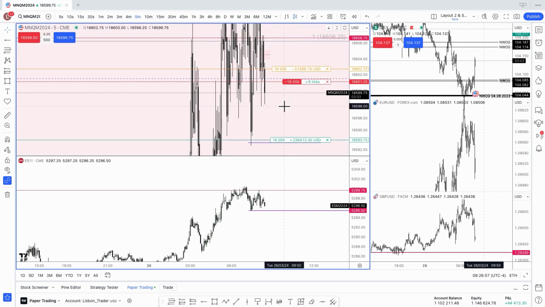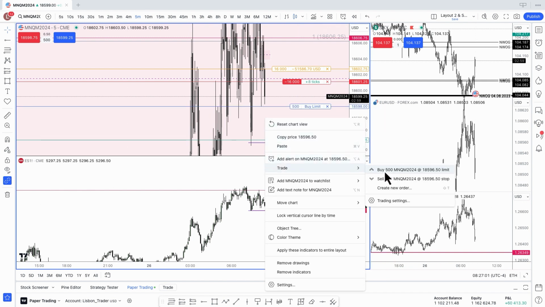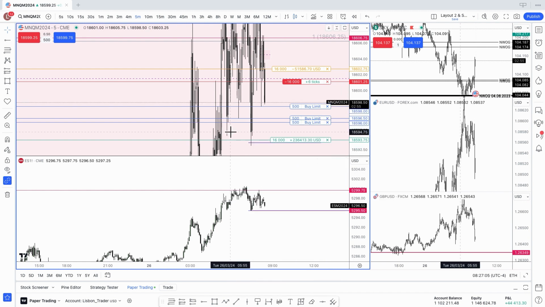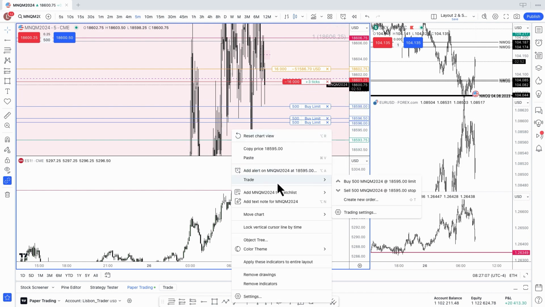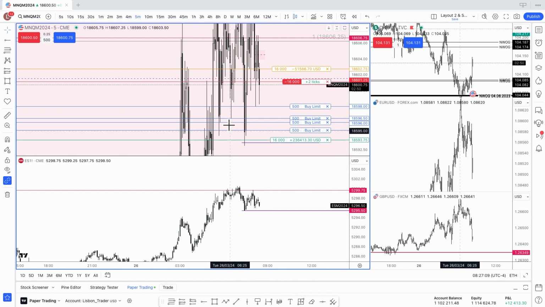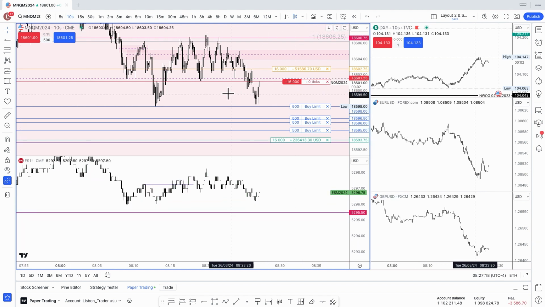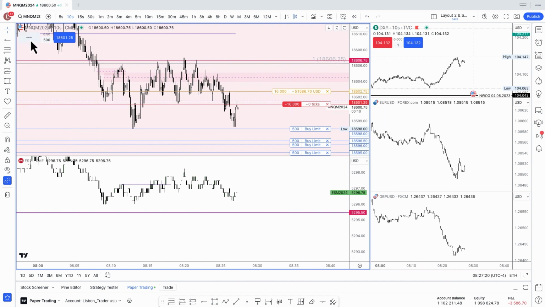Comes first. Taking some profits at these levels. There, that level, this level, this rejection block. Selling opportunity.